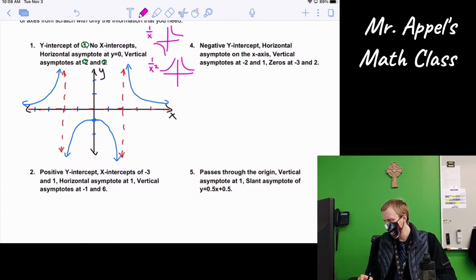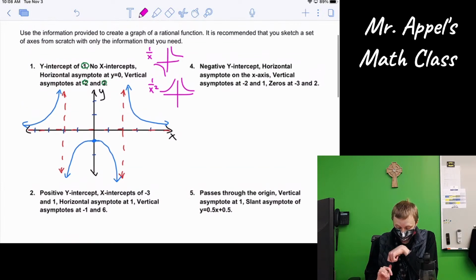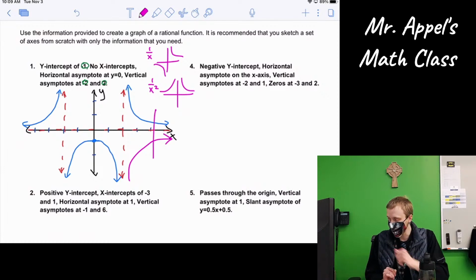Side of the graph, the outside arrows. One positive, 1 negative. Referring to the ends here, the endpoints. Yes. Okay. You can only have one side or the other. I can't put another one down here because then it would fail the vertical line test.